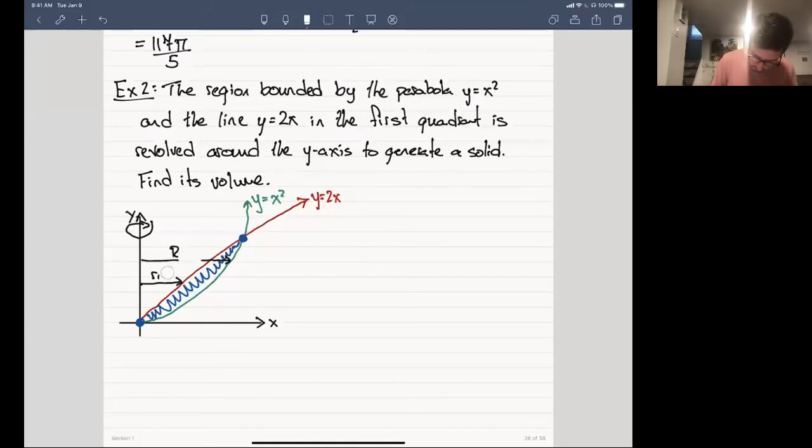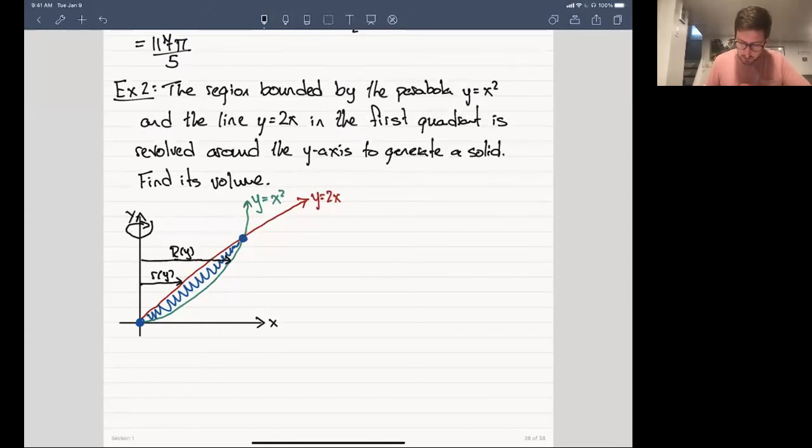Pardon me. Those should be in y. So now what we can see is that we have the outer radius given by the green curve and the inner radius given by the red curve. So the question is, how do we actually calculate these things?